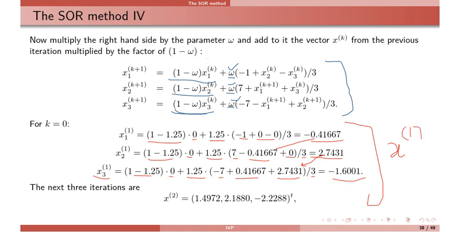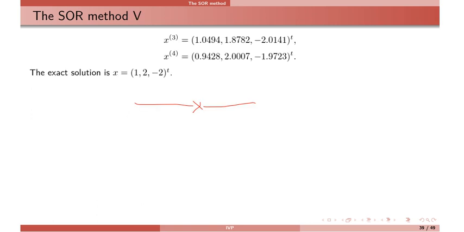Similarly, you can compute the second stage: x2 1.49, so this is x1 2, this is x2 2, this is x3 2. So this is the second stage solution, and you can check this is the third stage. So apply repeatedly, this is the fourth stage, and you can check that.